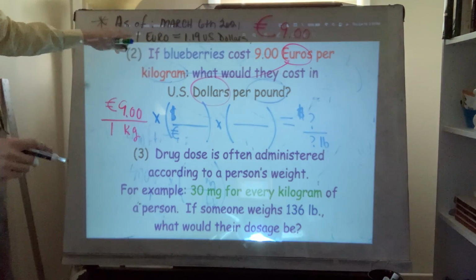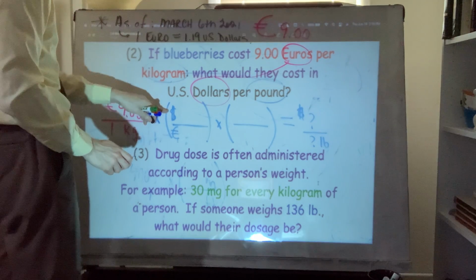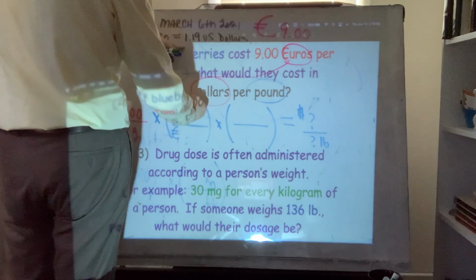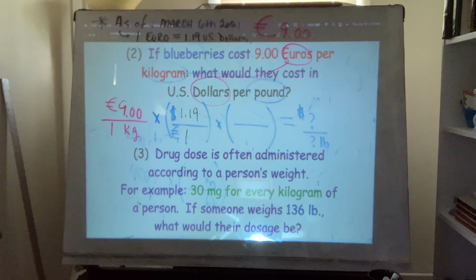Okay, so that is our conversion factor. All right. If we want dollars on top, 1.19 would have to be up here, and 1 euro would have to be down here. All right.